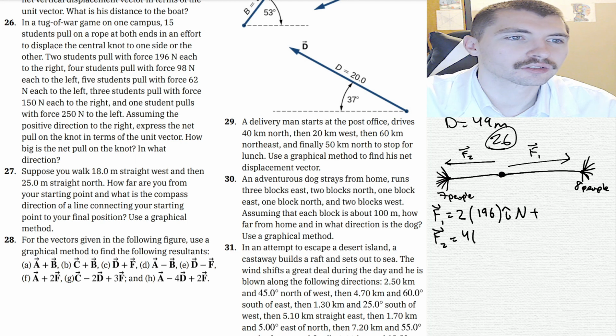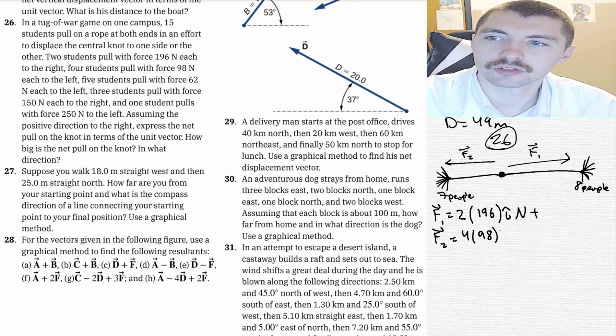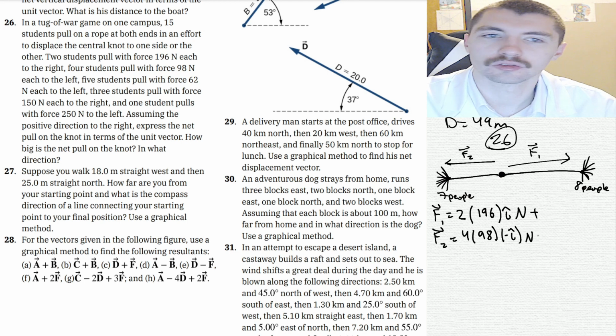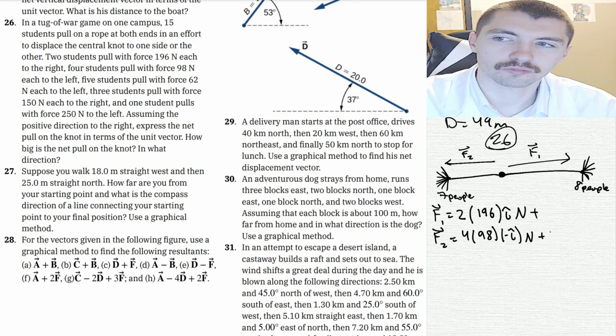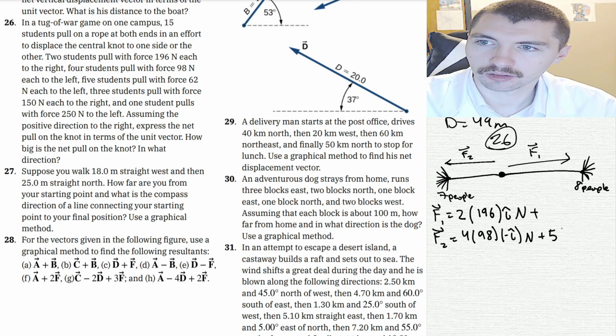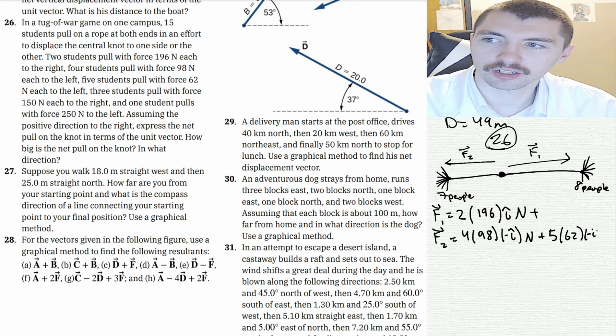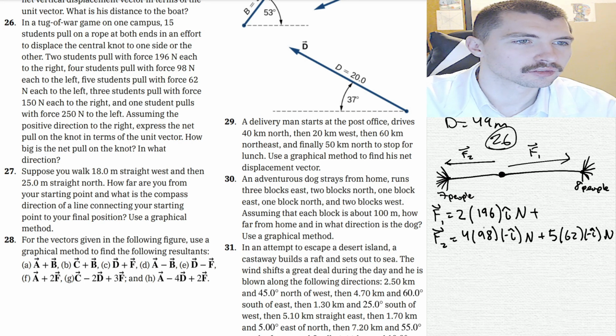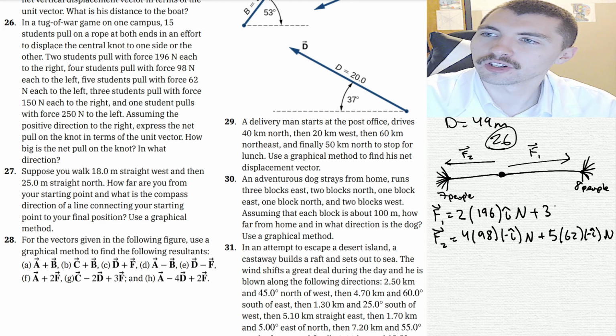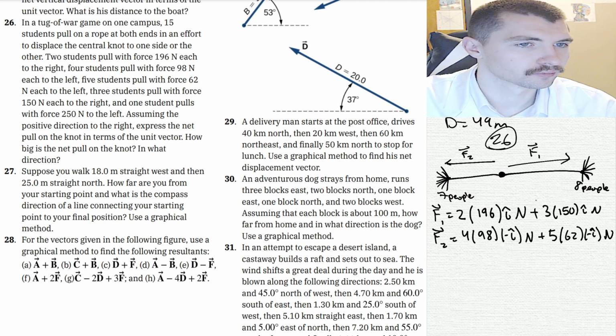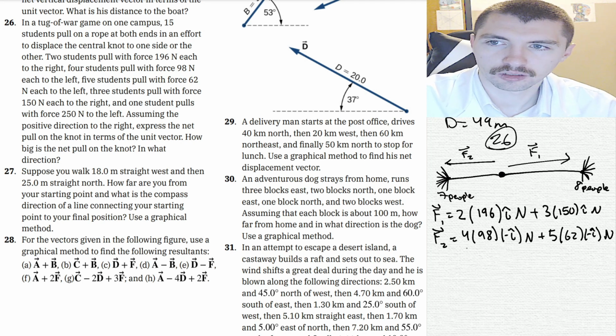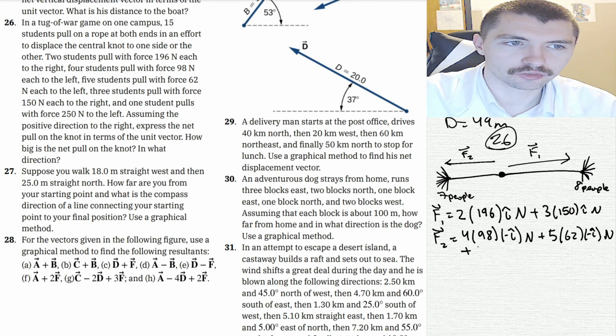Okay, we have 498 negative I newtons, plus 562 negative I newtons. And 3 150, 3 150, plus 1 pulling 250.